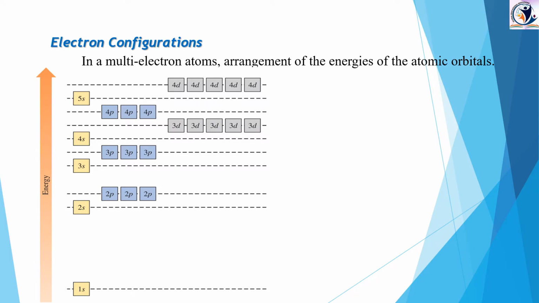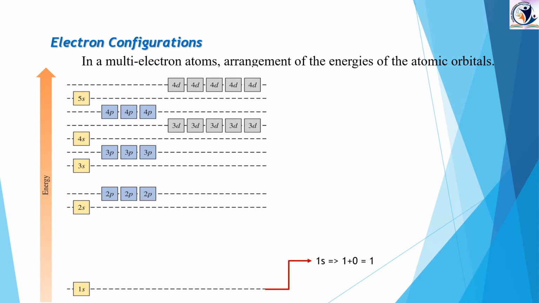While calculating the energy, I am going to add the principal quantum number with the value of the angular quantum number. Then I can understand how much energy an orbital has, and the next level of energy will be given. Let's see. Suppose 1s is there.